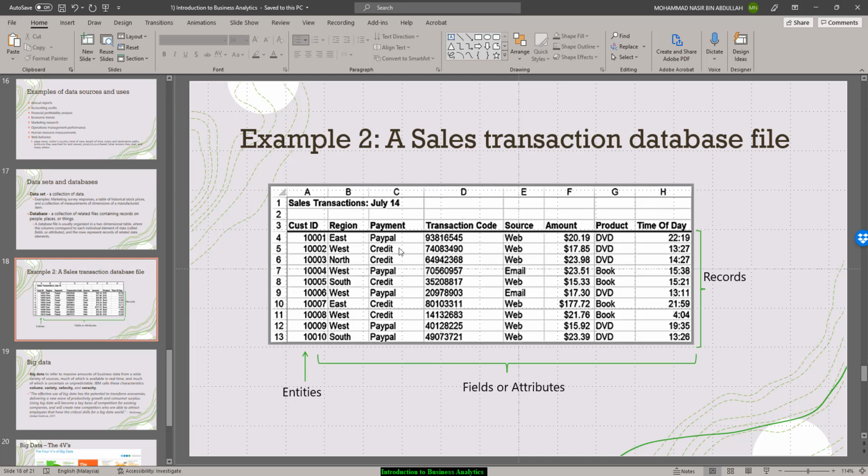Contoh, okay. Ini kita panggil variable. Region, payment, transaction code, source, amount, product, time of day is called variable. It's understood by the whole world. Some books will call this attribute. It's also understandable as a variable. Some books will call this features.